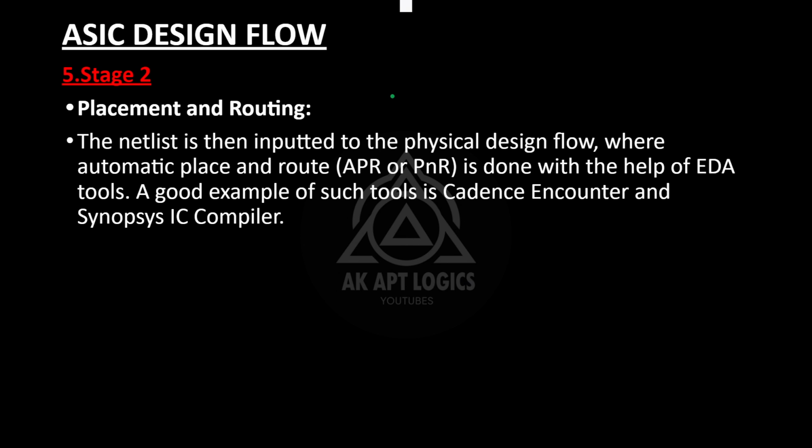Then if everything is fine after the gate level verification, and the netlist and hardware schematic are generated, we have to place the components and route them. Placement is placing the components in a proper way where the area is optimized, whereas routing is making connections between the components. The netlist is then input to the physical design flow. This is related to the physical design flow.